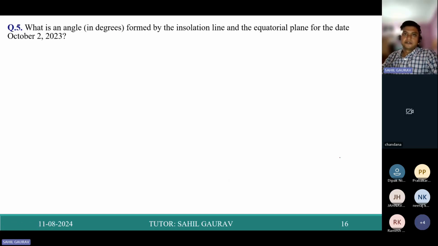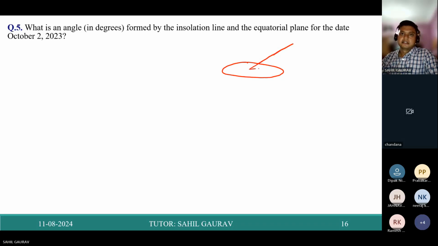So we know that, let us take this as the equatorial plane, and this is the insolation line. This angle is the declination angle. So we have to find the declination angle.